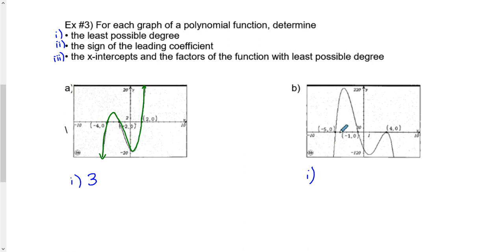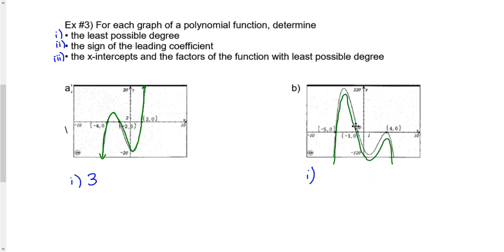If I talk about this one, yes, I can see that there's only 3 x-intercepts. But if I take my graph and do some special things to it, I can see what its maximum degree would be, or what its possible degree is. If I move this graph down, you'll see that I only have 2 x-intercepts. If I move it even further down, there's only 1 x-intercept.